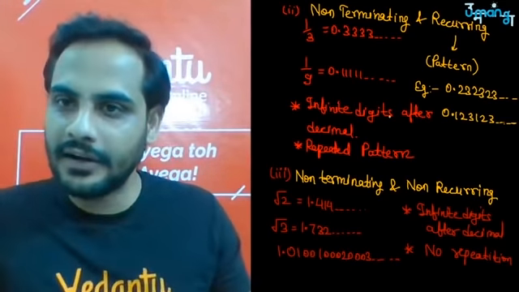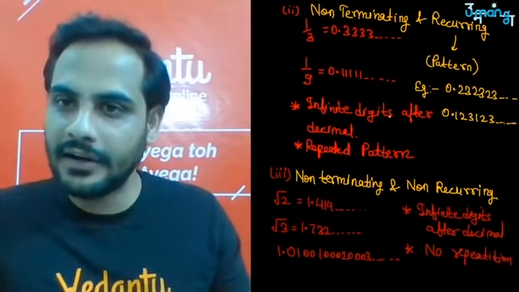Okay, so I will talk about the decimal numbers. I have told you already that for decimal numbers, the first category is your terminating decimal, and the second category is your non-terminating.